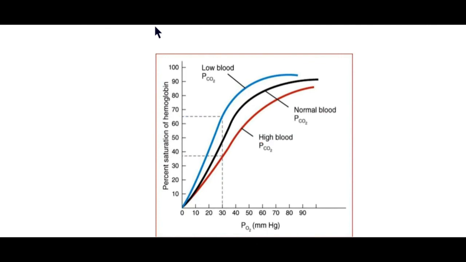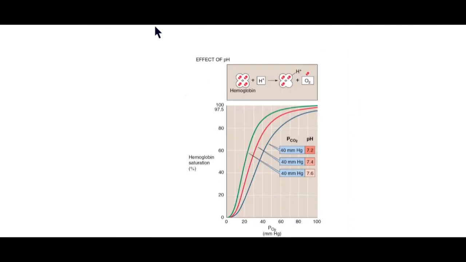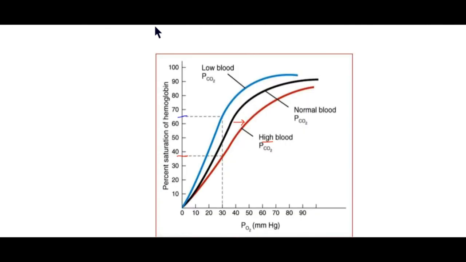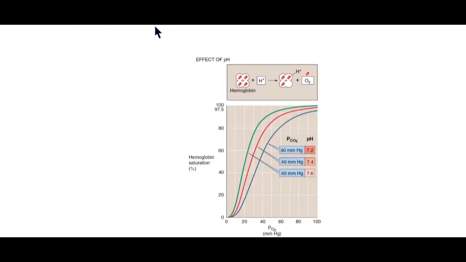So these two are kind of related. This one is part of the Bohr effect. The Bohr effect specifically looks at the relationship between CO2 levels and acid. Most of the effects of the Bohr effect are going to be due to pH. The reason I wanted to show this one from the book is specifically because it shows you what is actually happening here.